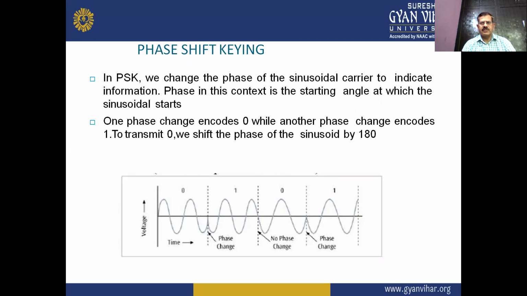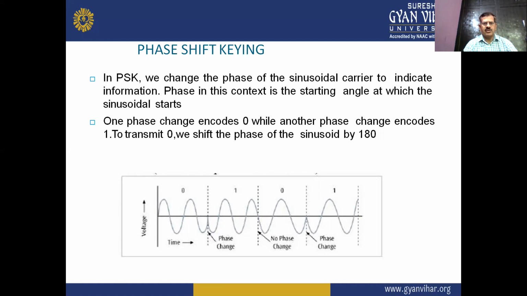The next one is phase shift keying. In PSK, we change the phase of the sinusoidal carrier to indicate information. Phase in this context is the starting angle at which the sinusoid starts. One phase change encodes 0 while another phase change encodes 1.